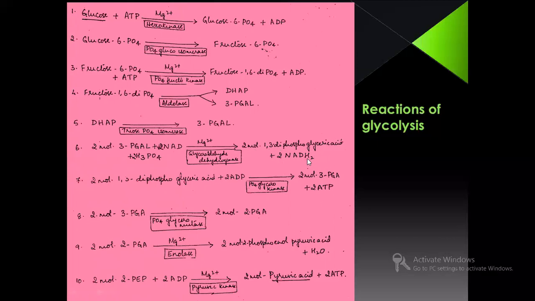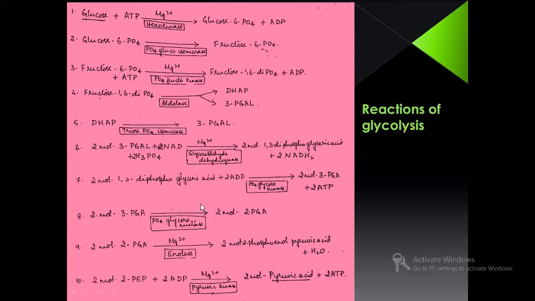As I said, NADH2 is also a term involved with energy. I shall explain how it is involved in the next slide. Now this 1,3-diphosphoglyceric acid is in turn converted into 2 molecules of 3-phosphoglyceric aldehyde in the presence of phosphoglycerokinase, and here you can see 2 molecules of ATP being liberated during the process.